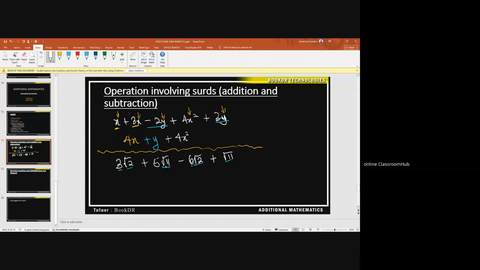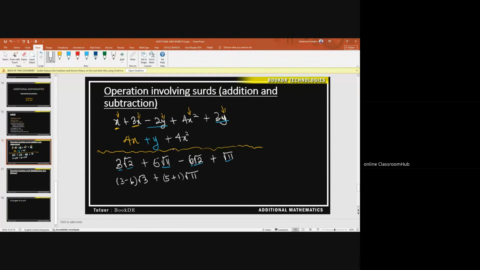So that will be 3 minus 6. There's no need for you to write the 3 minus 6 in brackets. You can actually do it mentally. But I just want you to appreciate it. Then when you come here, the root 11, they are also like terms. So the numbers attached to them will also be combined.